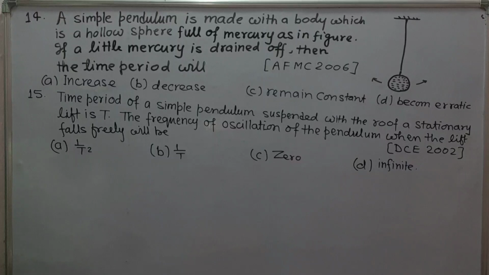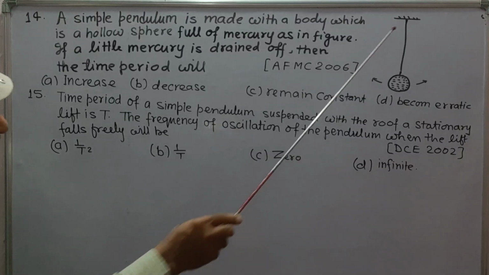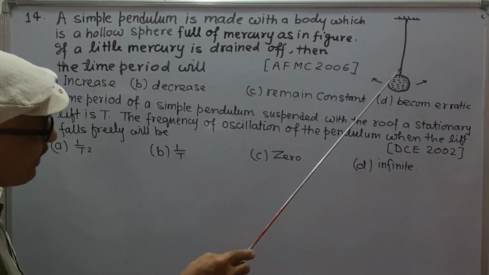Question number 14. The question is: a simple pendulum is made with a body which is a hollow sphere full of mercury, as in figure. If a little mercury is drained off, then the time period will, these are the options. This is the simple pendulum.